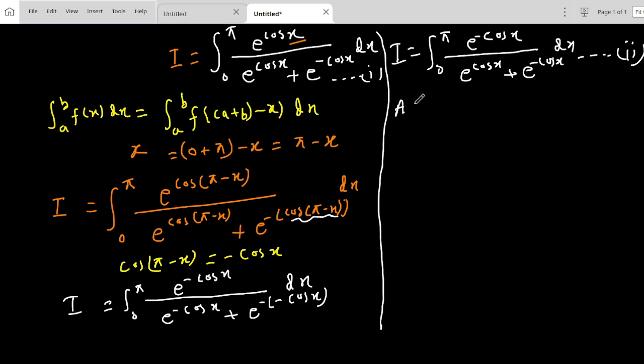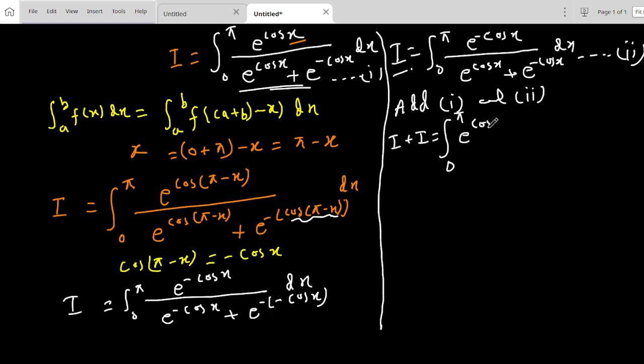Now we will add first and second. So we will see what we have for first and second. Here on the right hand side, I plus I, and left hand side I plus I, and the right hand side the first value is this one: e to the power cos x by e to the power cos x plus e to the power minus cos x dx.